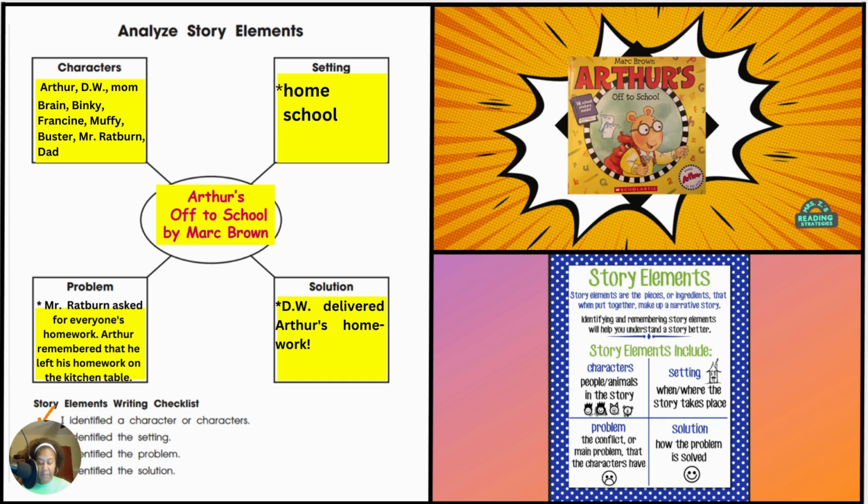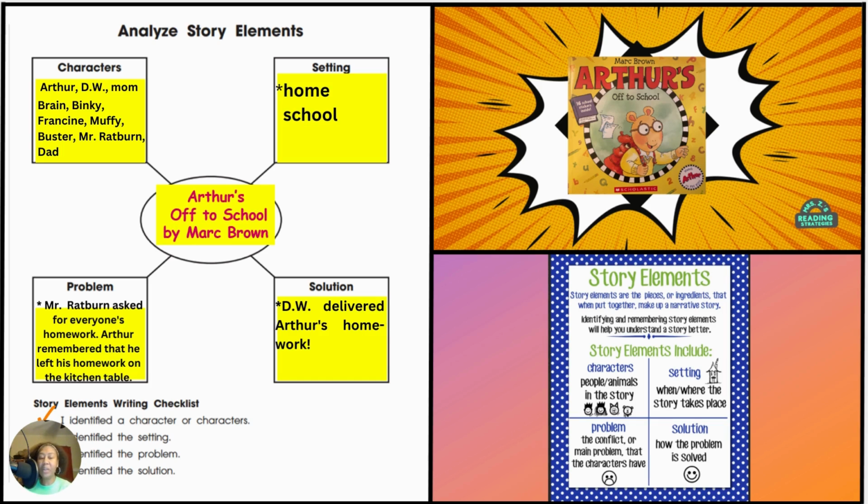It says, then he heard a knock at the door. DW was standing there with Dad. Homework delivery, she announced. Arthur rushed up to her. I'm still practicing, she whispered. Thanks, he whispered. So there we go.